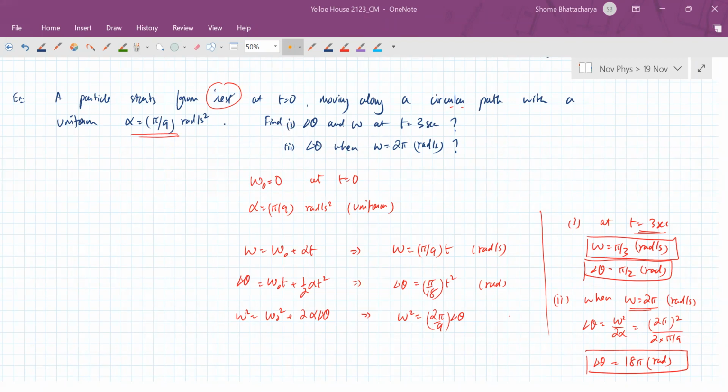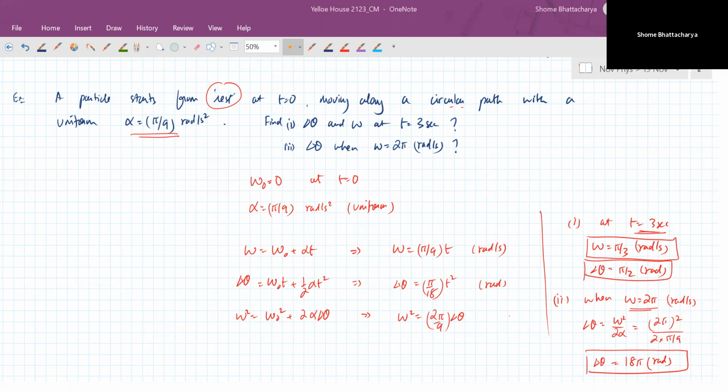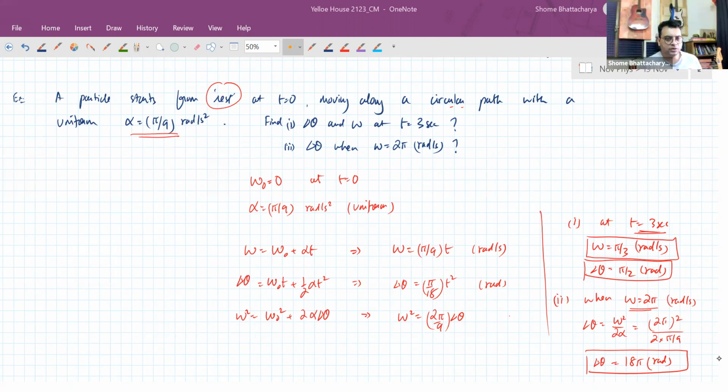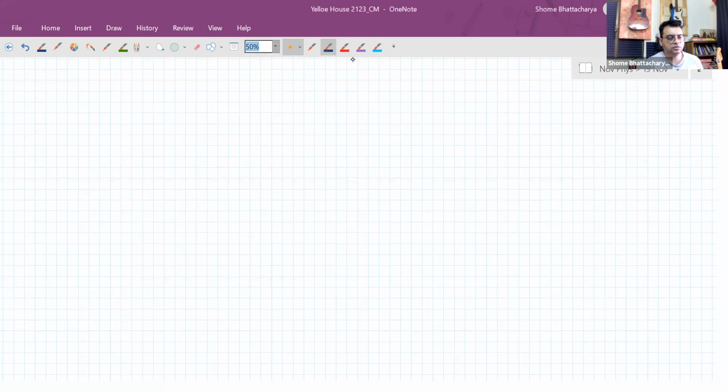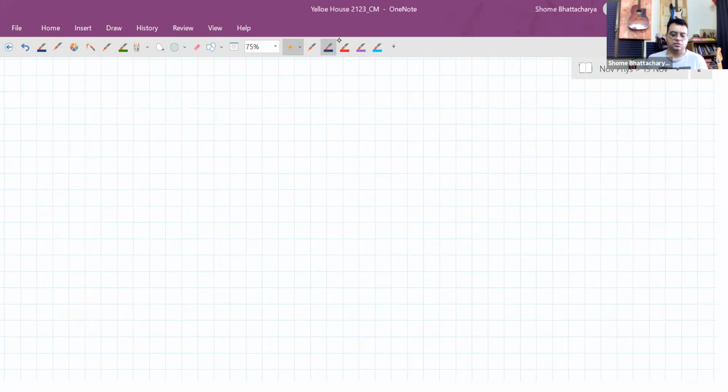Okay, so I'm sure this question is easy enough and clear to all of you. Now let's move on to the next part of the derivations for circular motion. We will look at two important aspects first before we come to things like velocity and acceleration. Look at two important unit vectors.